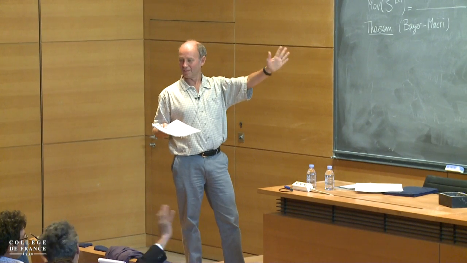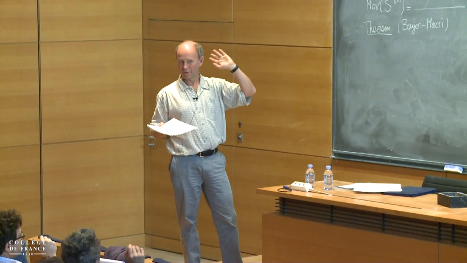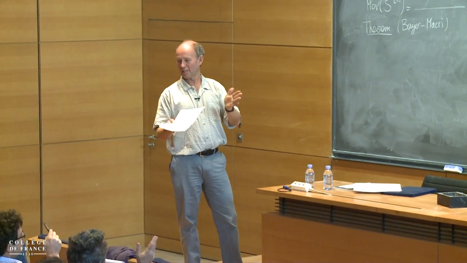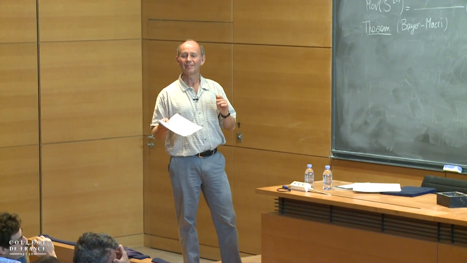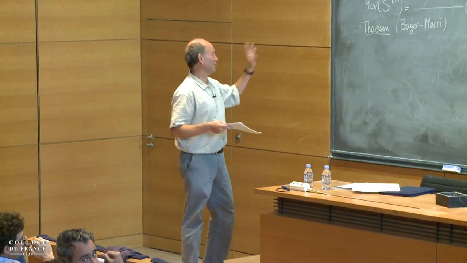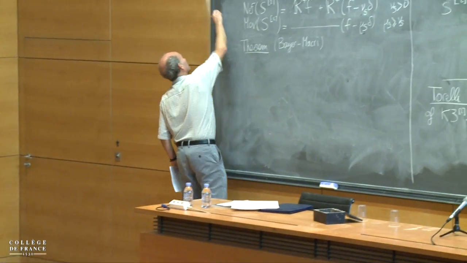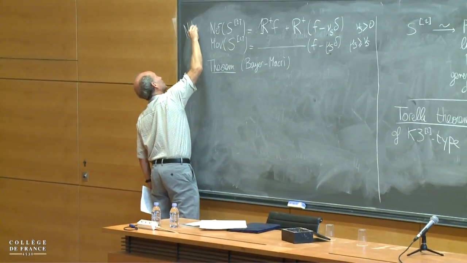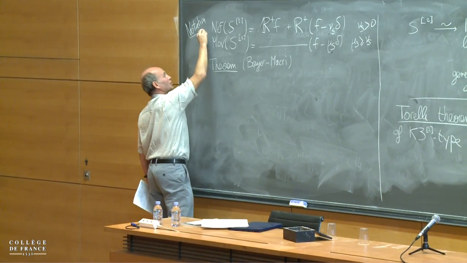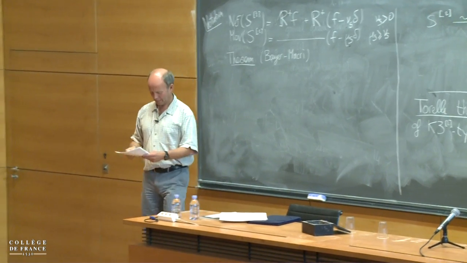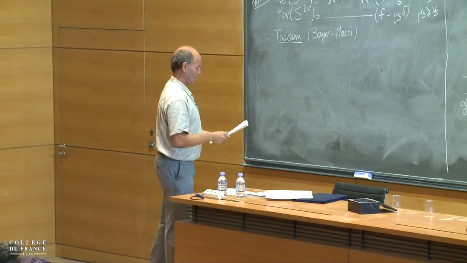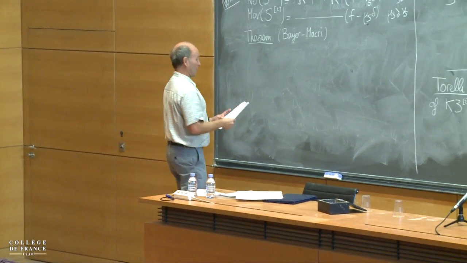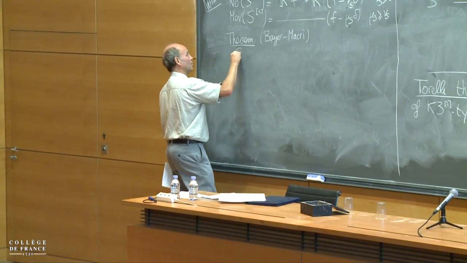I'm assuming that the Picard number of the Hilbert square is 2, so in this case the cone is just a planar cone. I define two numbers like this. This is just a notation, and the theorem will tell you what these numbers are.